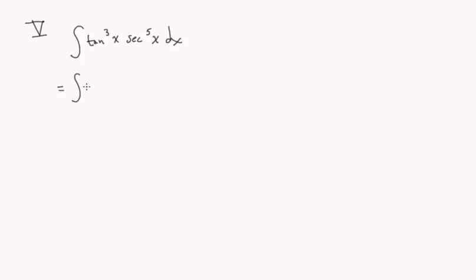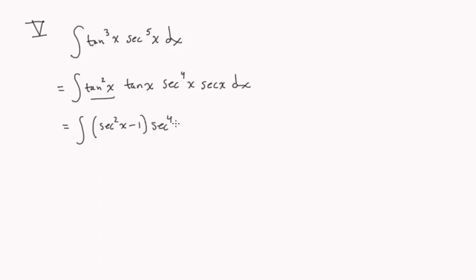So I'm going to write this as the integral of tangent squared x, tangent x, and then I'm going to write this as secant to the power 4x times secant x dx. Now, why is that helpful? Well, here we have secant squared x minus 1 using an identity times secant to the power 4x, that's this term here.